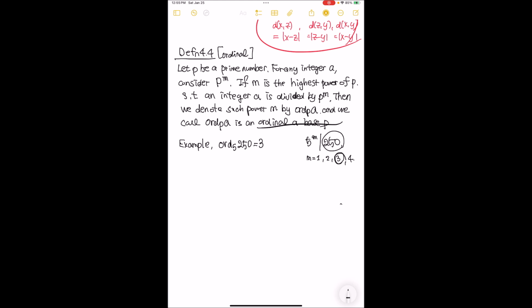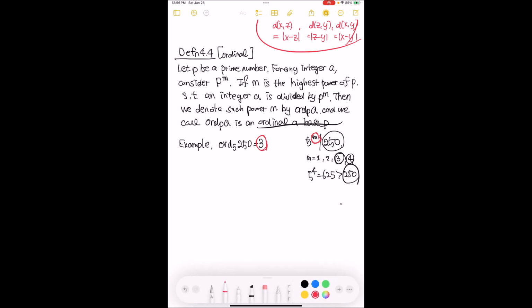If m is 4, then it's impossible because 5^4 is greater than 250. So in this way we can find the maximum number m that divides 250.